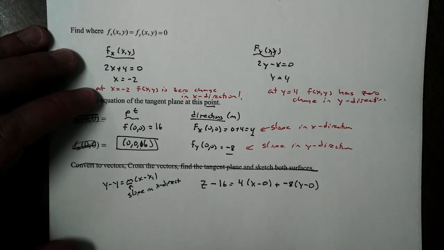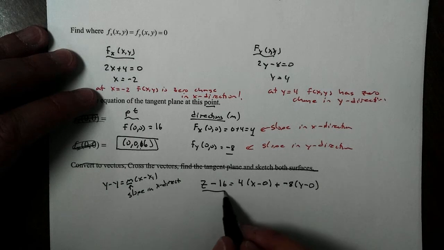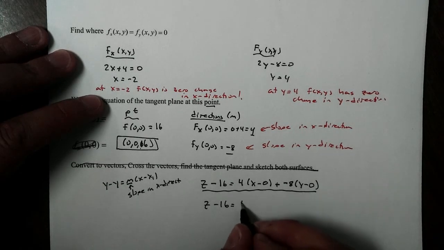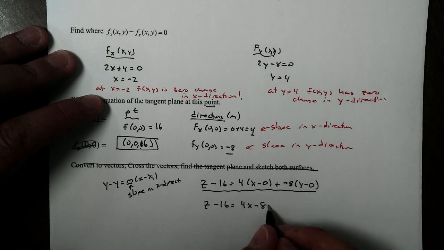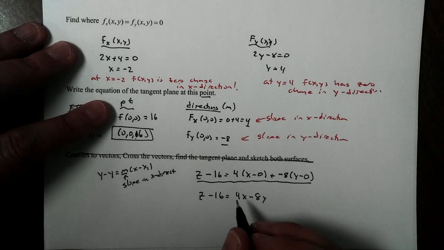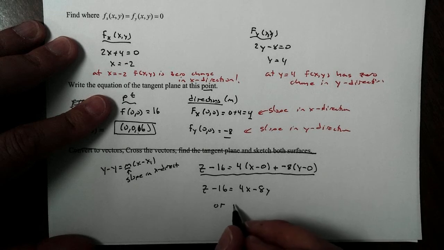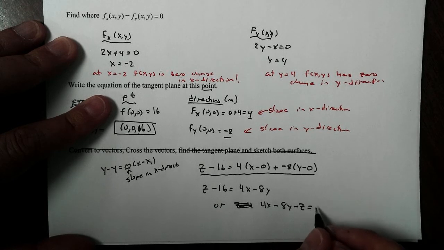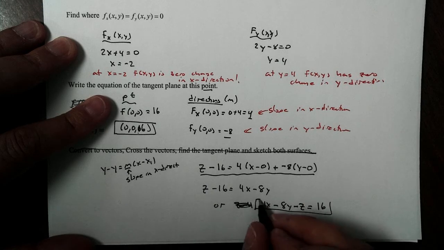And so this would be the equation of our tangent plane. Of course, we can simplify this: z minus 16 equals 4x minus 8y. Or we can say 4x minus 8y minus z equals negative 16. I can write it that way.